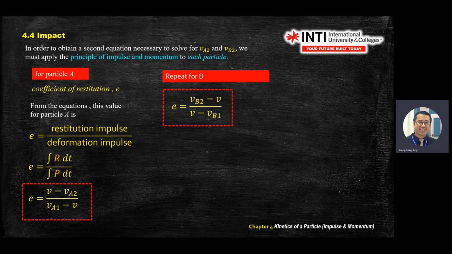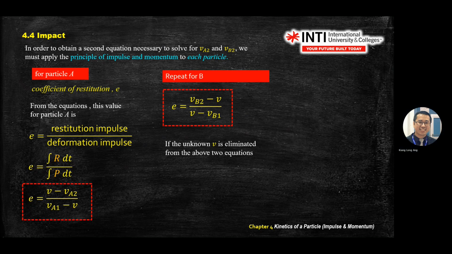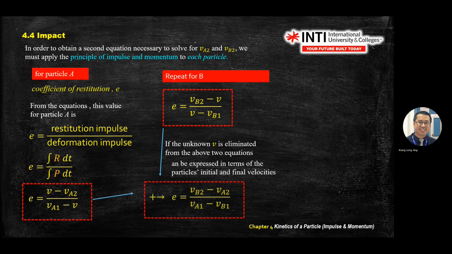It will not be that direct in the questions. The important one is the one highlighted here: the coefficient of restitution equals the restitution impulse divided by the deformation impulse. This refers to that particular body only. So you focus on A, then you focus on B. Don't mix A and B.